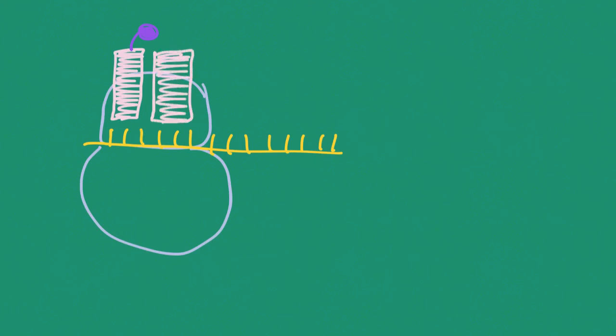The second stage of translation is called elongation. We just saw the first tRNA bringing with it its amino acid, which is methionine. This first tRNA hands off the methionine to the second tRNA. Once it does that, the first tRNA is ready to leave.